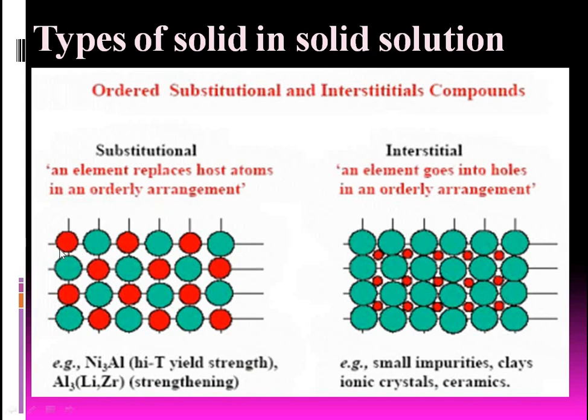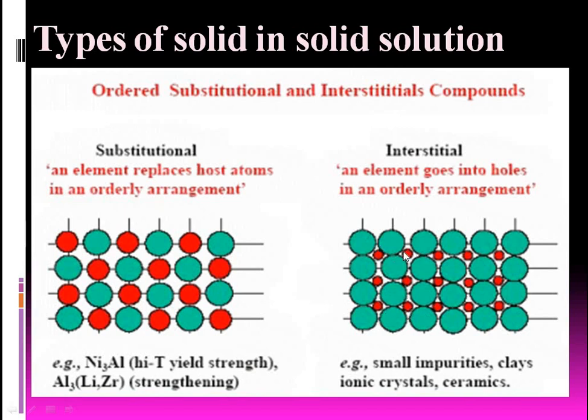This is our substitutional. Earlier all the balls are green, meaning all is solvent, but the moment we add a solute it replaces alternate particles and takes their place. In interstitial the solvent remains as such, but when solute is added, it gets into the interstitial sites.